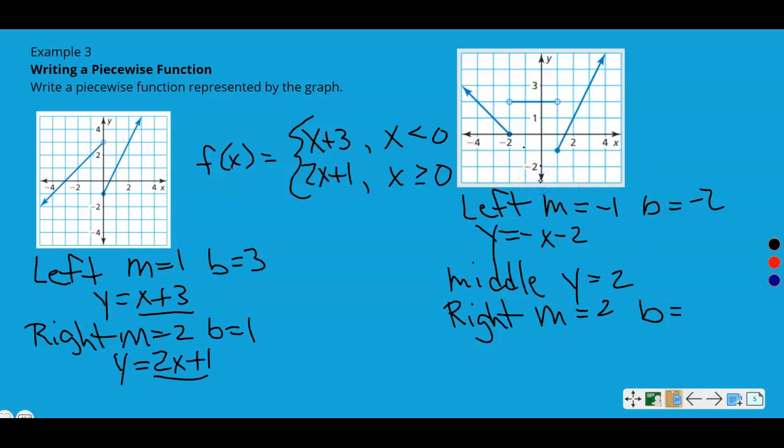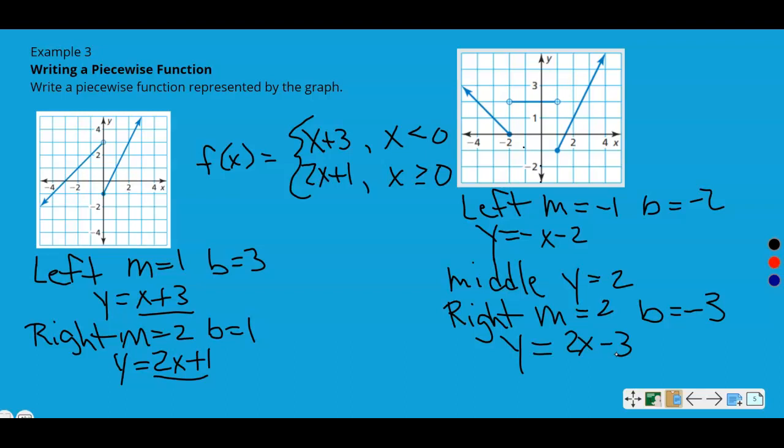It's going to cross right here. So that's -1, -2, -3. So the y-intercept is -3. Even though that line doesn't go that far, you still need that piece of information to write your equation. So y equals 2x minus 3, and that gives you your 3 equations.